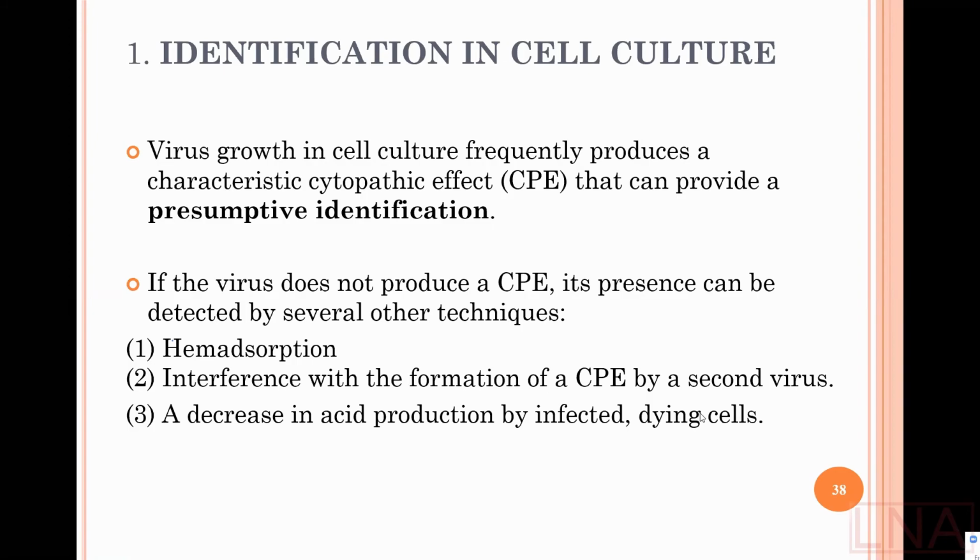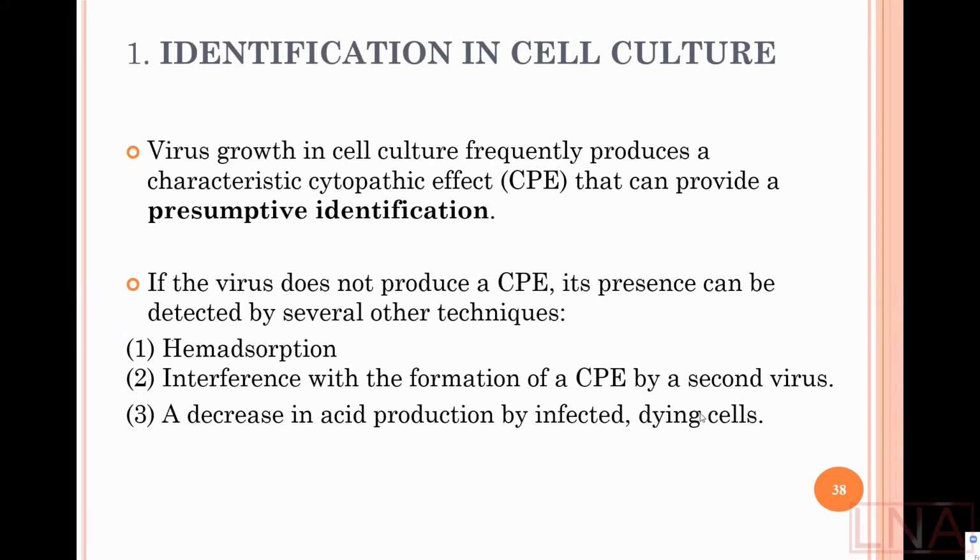And the last technique is a decrease in acid production by infected dying cells. This can be detected visually by a color change in phenol red, which is a pH indicator, in the culture medium.